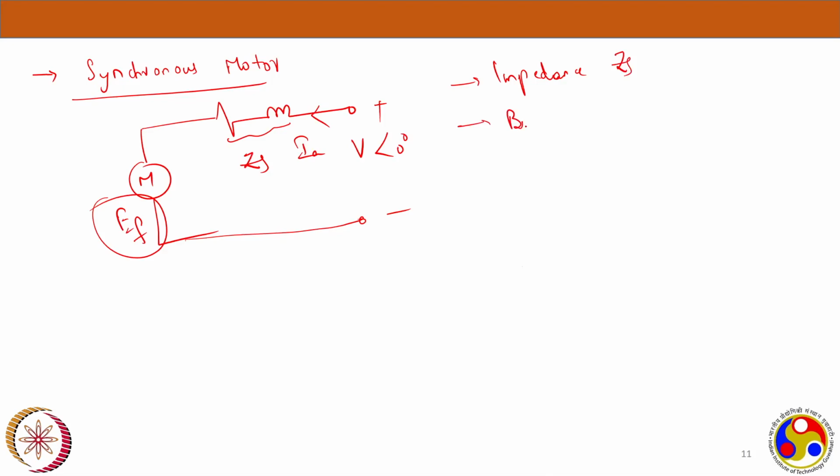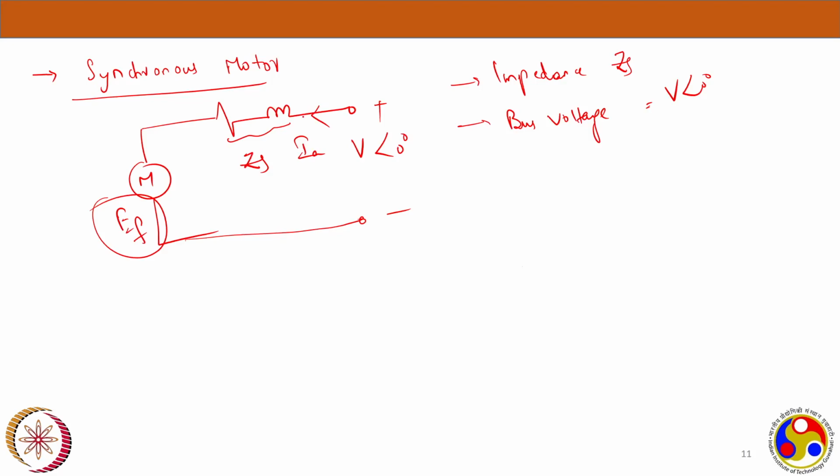My bus voltage, my supply, is V at an angle 0, and since it's a motor, it will be drawing power from the source. So it will be from source to the motor, and the current direction will be from right to left. Now IA we assume in this direction, and this will be the EF.